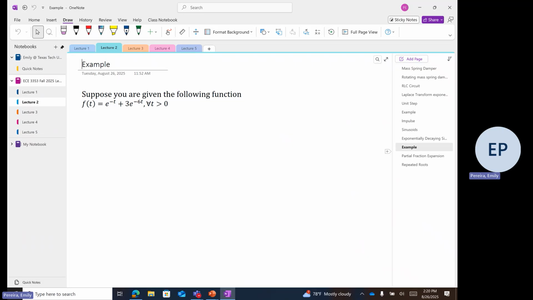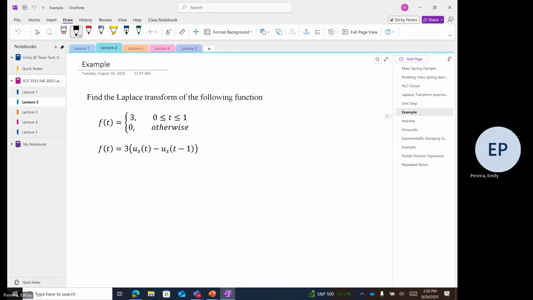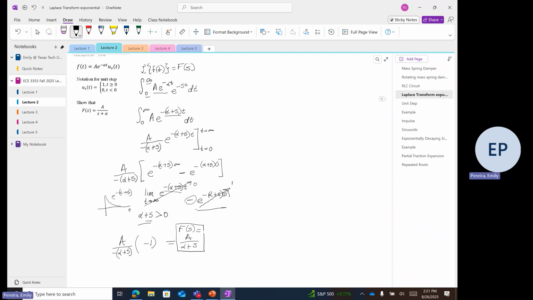Well, we can actually use the property of linearity, right? So we can take the Laplace transform of e to the negative t and add it with the Laplace transform of 3e to the negative 6t. So if we do that, and if you go back to that first transform pair that we discussed, the exponential is defined by this gain over alpha plus s.